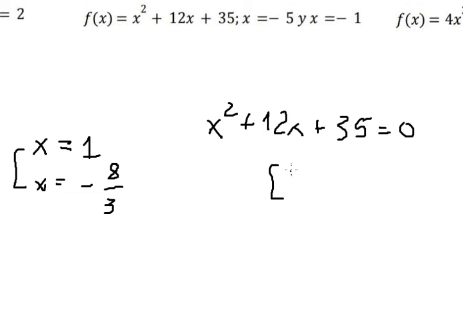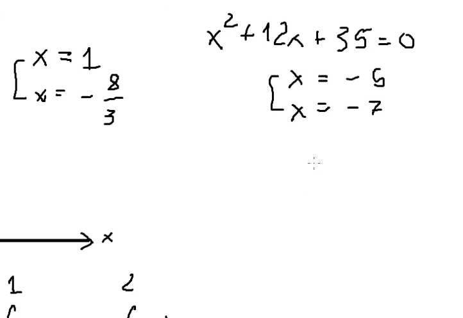So we have two solutions. That's negative 5 and negative 7. We look carefully, negative 5 to negative 1. The graph should be like this.